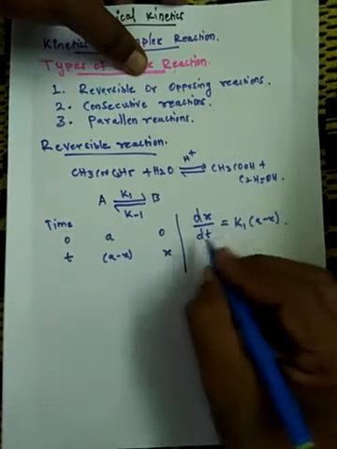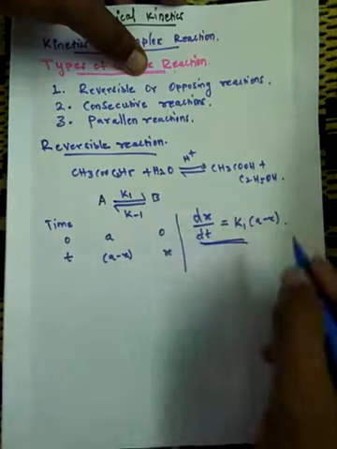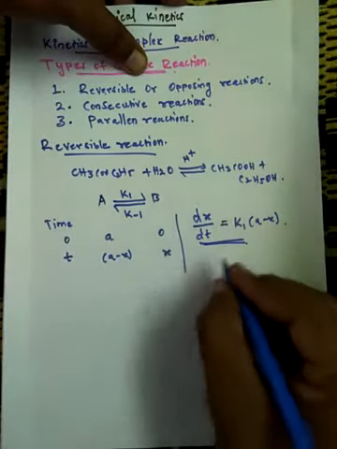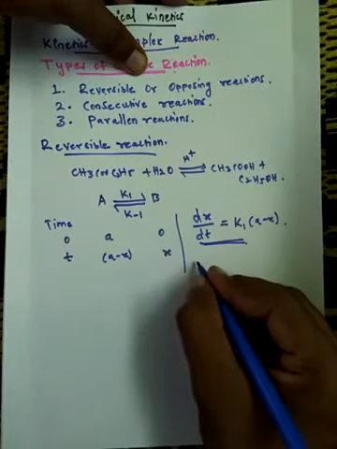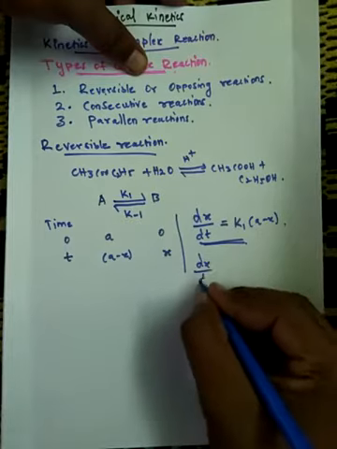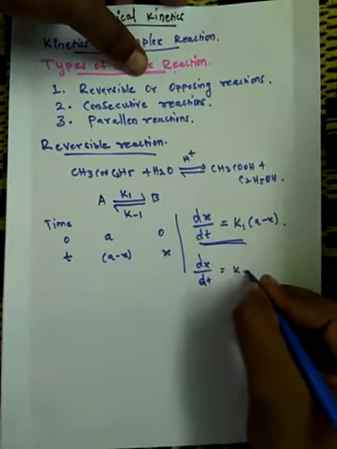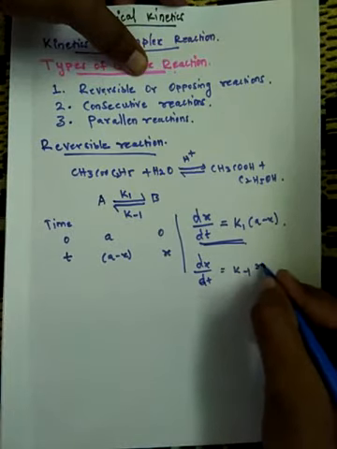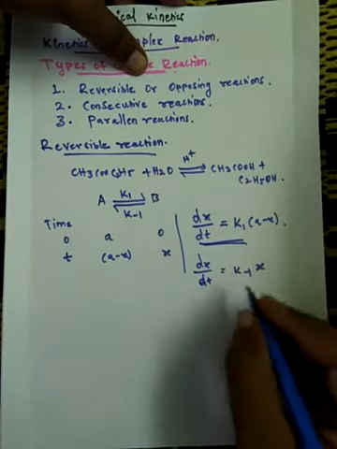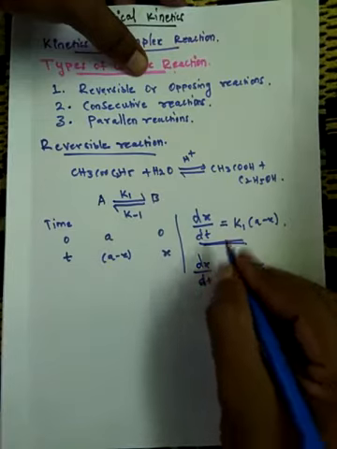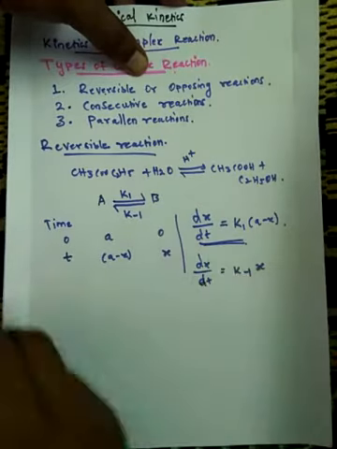This is the rate of forward reaction, and the rate of reverse reaction is dx by dt equal to K inverse and x. This is the rate of reverse reaction, this is the rate of forward reaction.